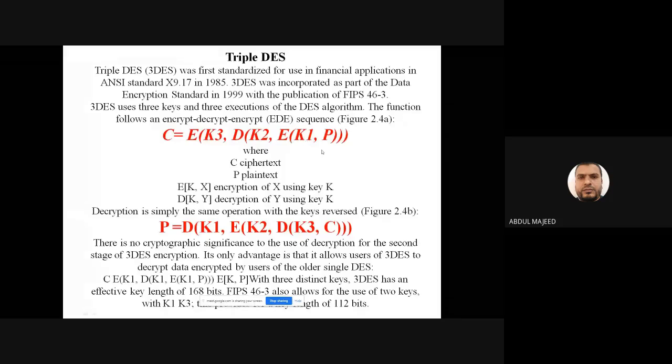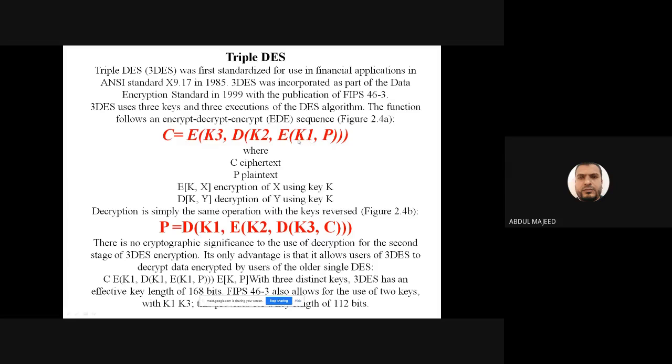Then your plain text will get encrypted and it will produce some output. Encrypted output means ciphertext, which we call C1. Then that C1, the output you get after applying the encryption algorithm on the plain text with the help of the key K1, will act as the plain text for the key K2.